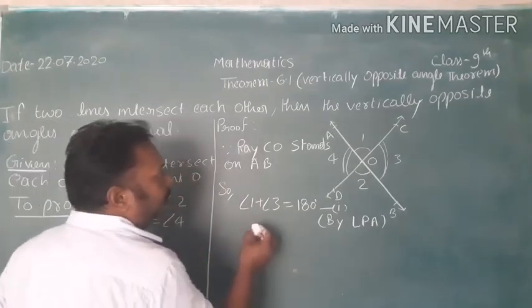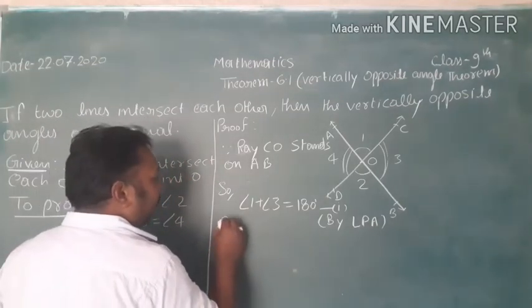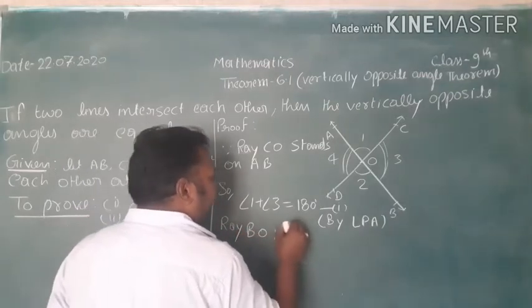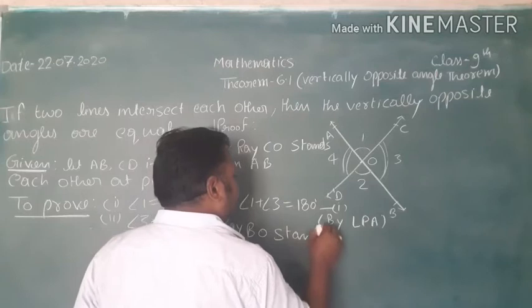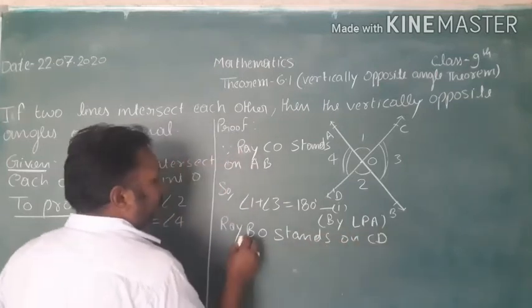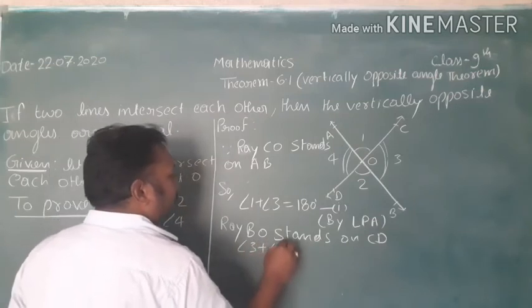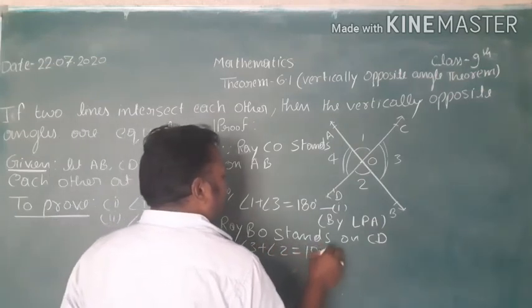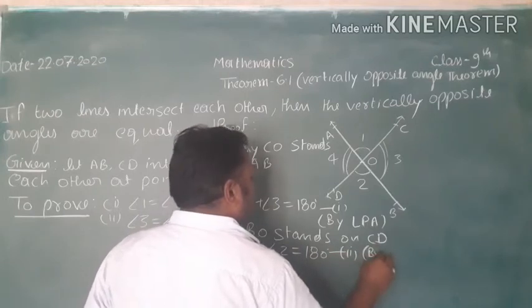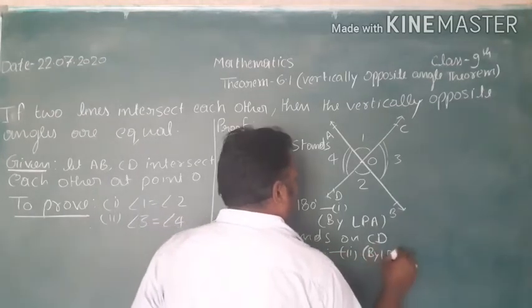After that, we write down: ray BO stands on CD. So 3 plus 2 equal to 180 by LPA.